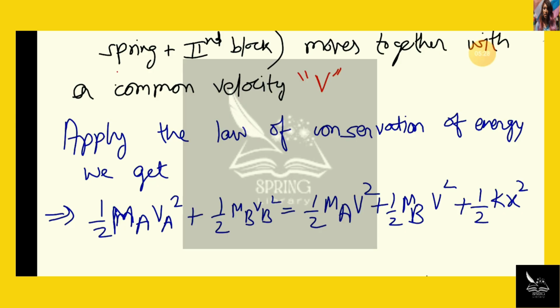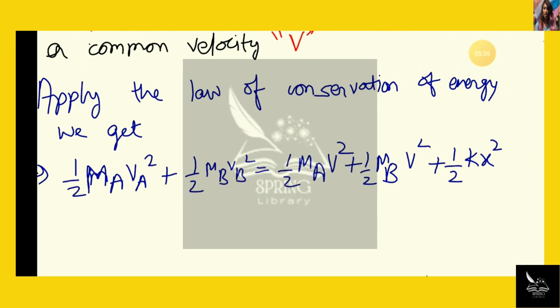Now simplify it. Here x is the compression of the spring when the first block collides with the second block.